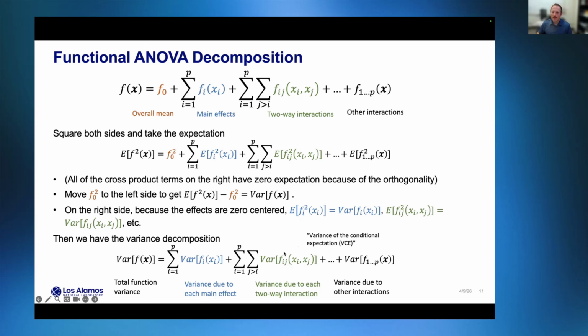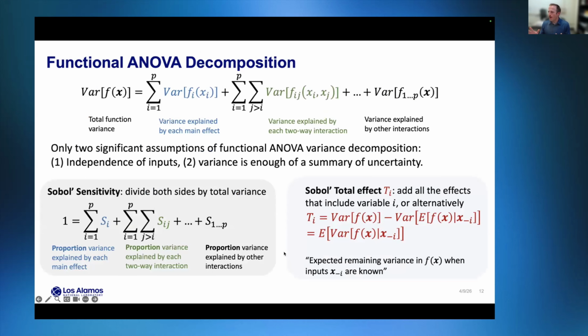Okay, so that's already a powerful thing that we have here. We decomposed the variance. We only had to make the assumptions of independence of inputs, and we're assuming that variance is a good summary of uncertainty here also. So there's not heavier tails or skewness or things like that, or multimodality.